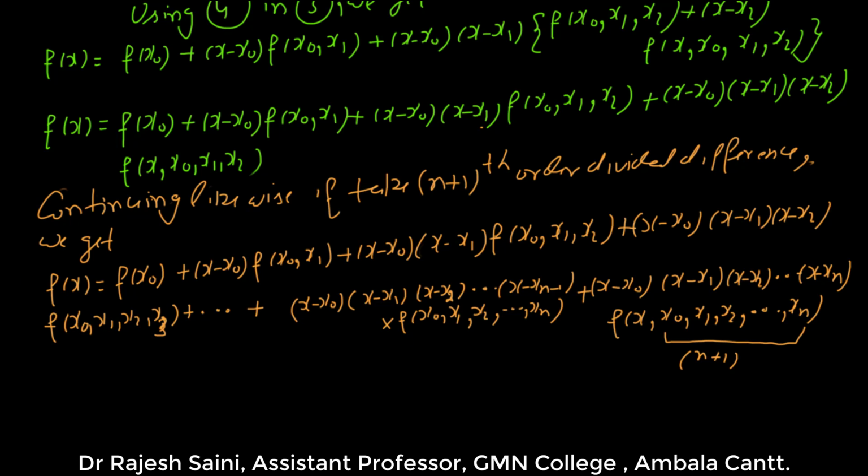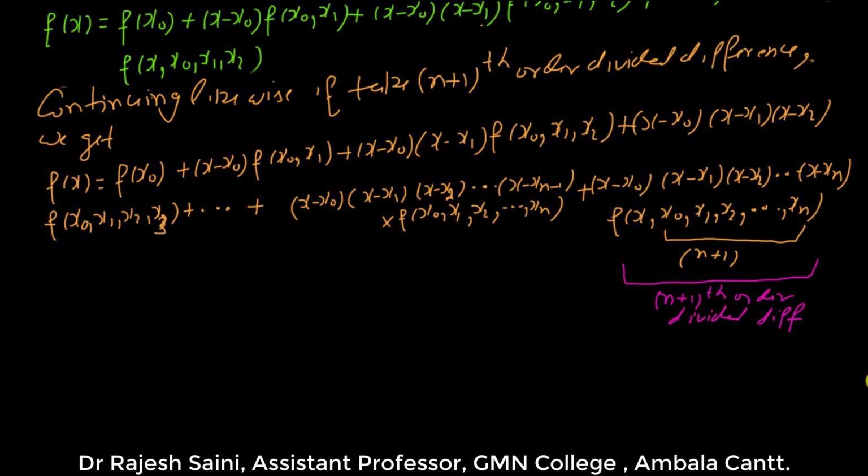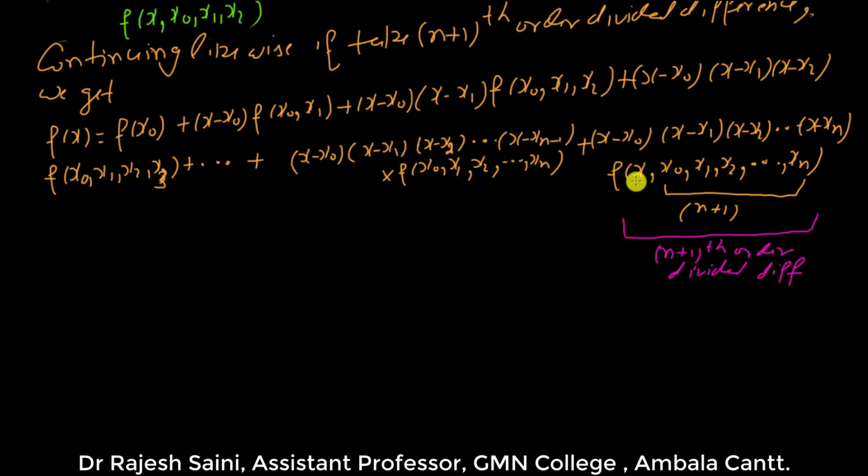You see, this is containing n plus 2 arguments, so this is the n plus 1th order divided difference, and we know that the n plus 1th order divided difference is always equal to 0 if f(x) is a polynomial of degree n.